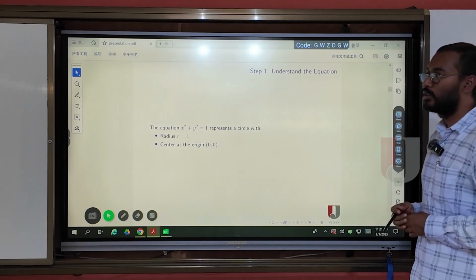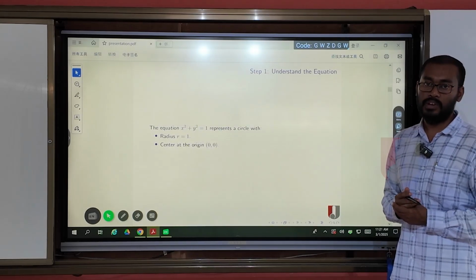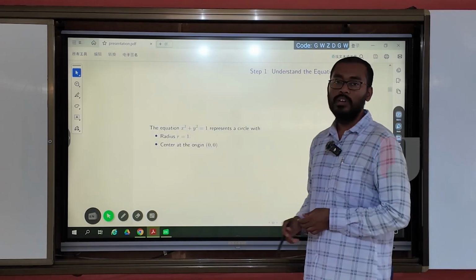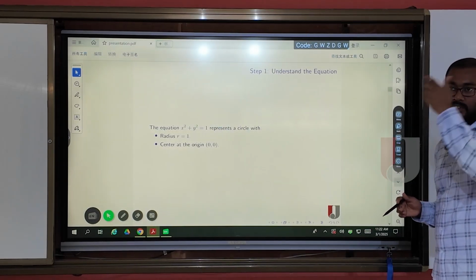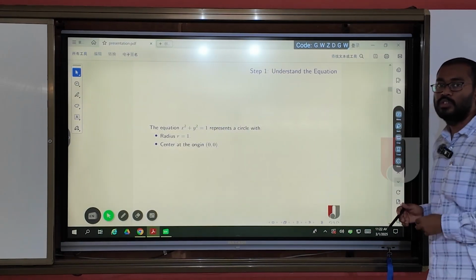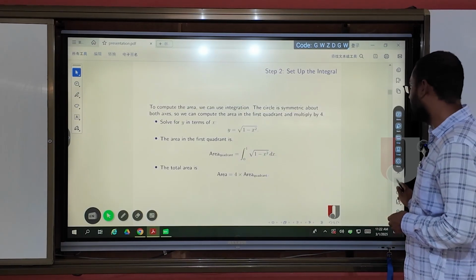We know how to compute the circular area: area is pi r square. Here r is 1, so the area should be pi. Now we should validate whether this result comes by integration. So how to do that?